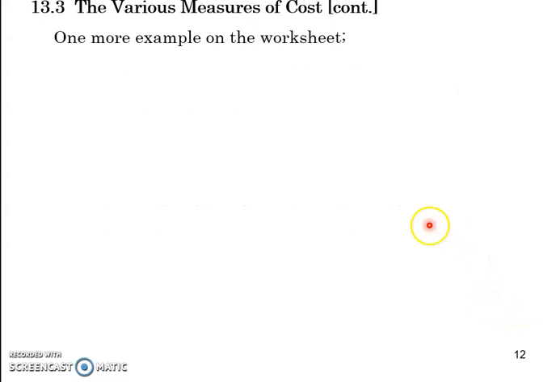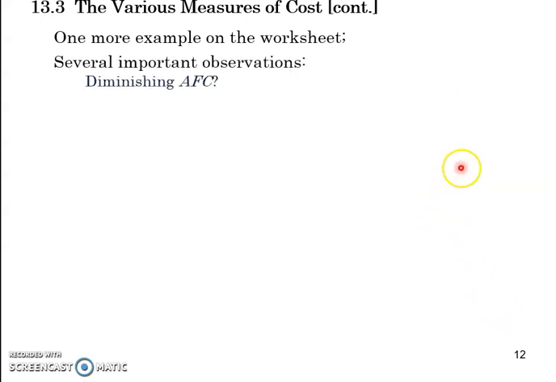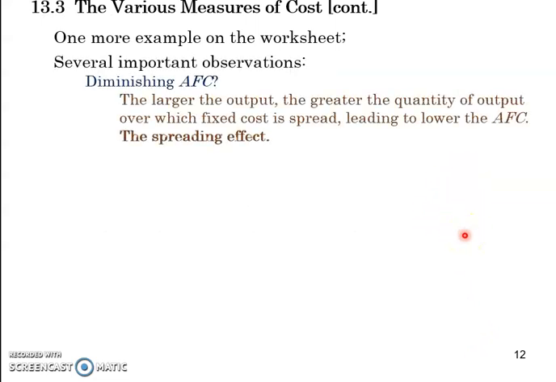All right, so here I will give you a summary of what we just discussed. Several important observations on the cost graph. The first one is a diminishing AFC. The larger the output, the greater the quantity of output over which fixed cost is spread, leading to a lower AFC.